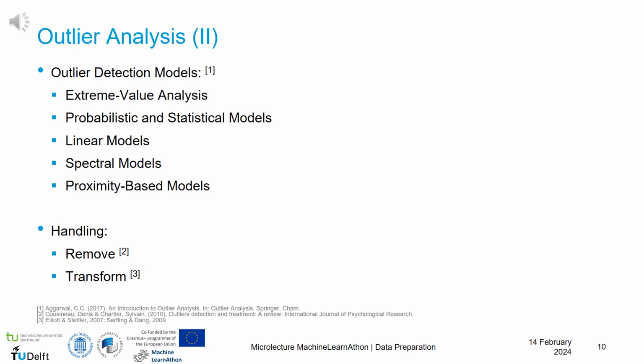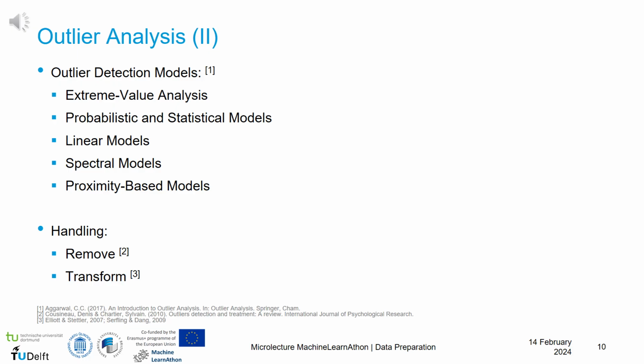And then after you found outliers, it's also an important decision whether to remove them or to transform them. So if after further investigation you've come to the conclusion that the data point that was flagged as an outlier is just an error, so there was a measurement error, for example, then you could either just remove the entire observation if you have enough data. That's a very plausible decision.